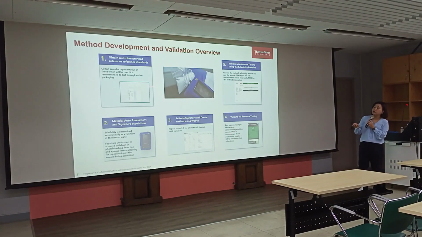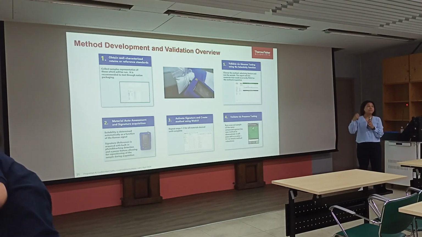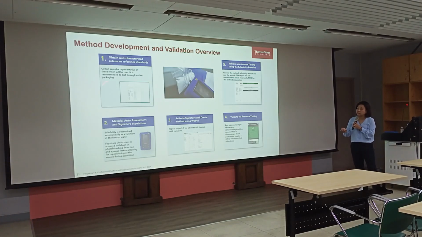First they have to collect the reference spectra from different types of packaging material. It can be from the vial, plastic bag, amber bottles. So once they get a spectra, they will add it into the method and they can start to validate the method.